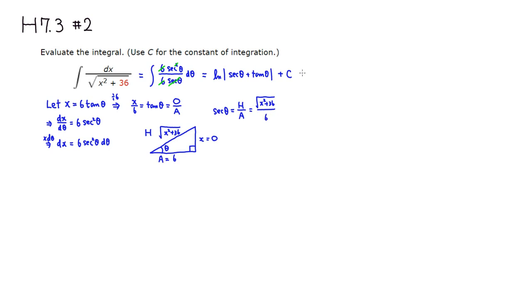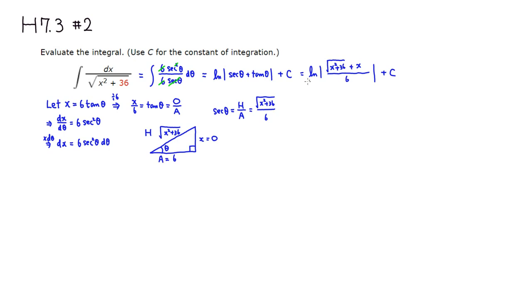If you put everything in, you have the natural log of the absolute value of secant of theta, which is the square root of x squared plus 36 over 6, plus tangent of theta, which is x over 6, so plus x over 6, plus C.